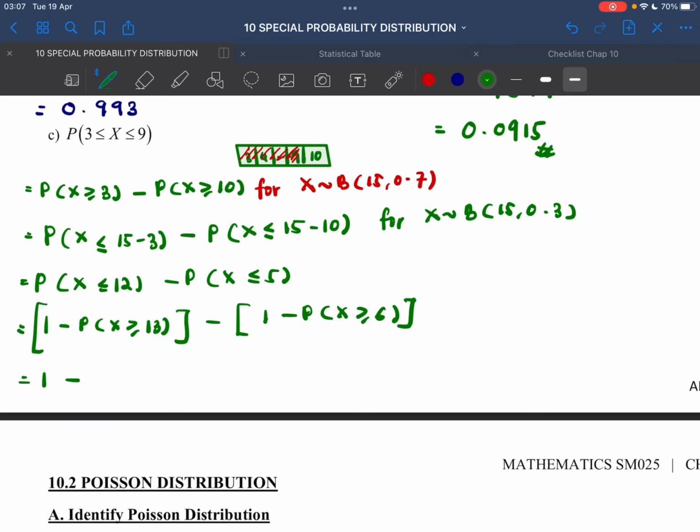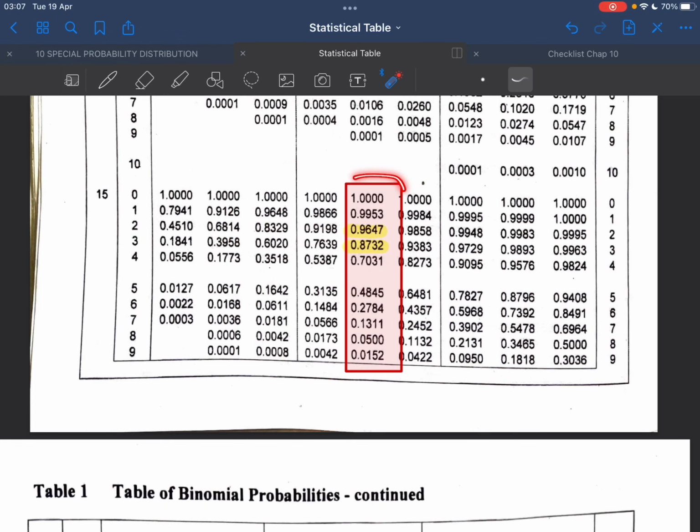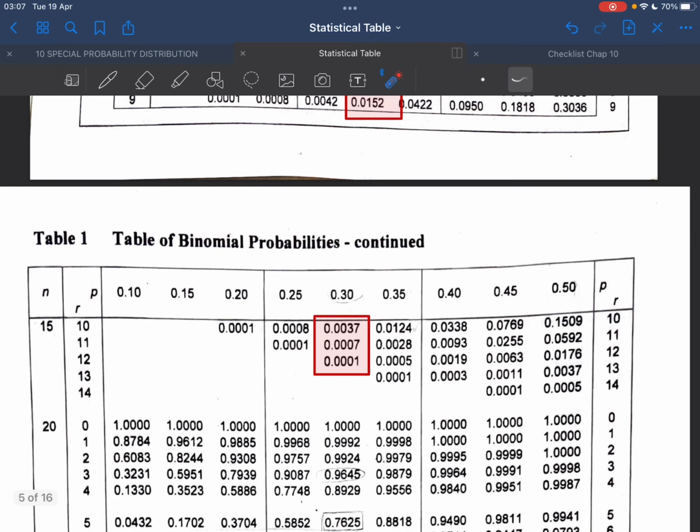1 minus, alright, so sekarang kita kena cari 13 lah. Okay, n 15, P 0.3, R 13. Okay, inilah tadi, n 15, P 0.3. So 15 tak ada, dia sampai 14 sahaja dekat sini. So 15 tak ada, we just write that as 0 lah.